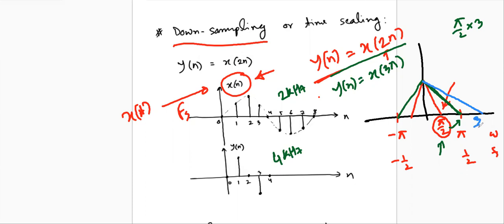So that is 3 by 2 pi. And this is minus 3 by 2 pi, or 1.5 pi plus minus. And of course, due to this extension, we are introducing what? We are introducing the aliasing effect to your signal, and you can't retrieve your original signal back.